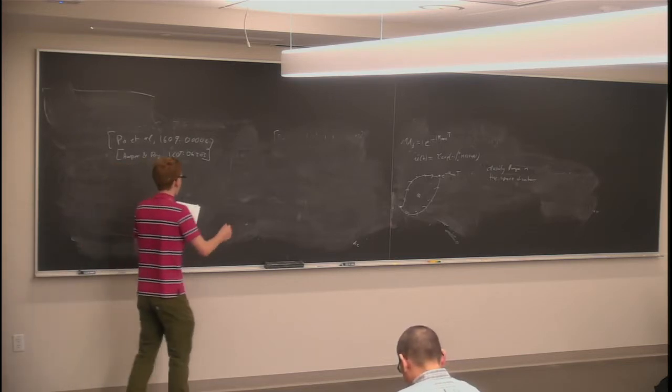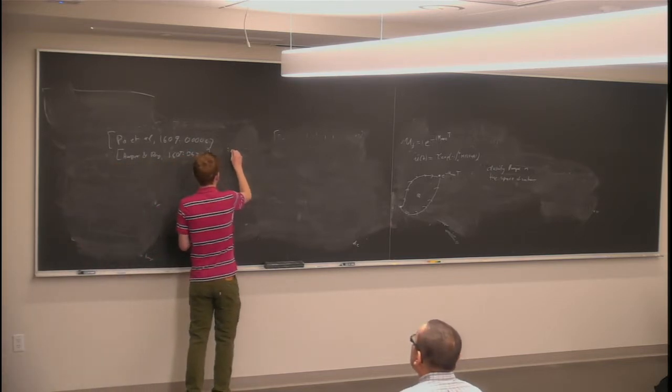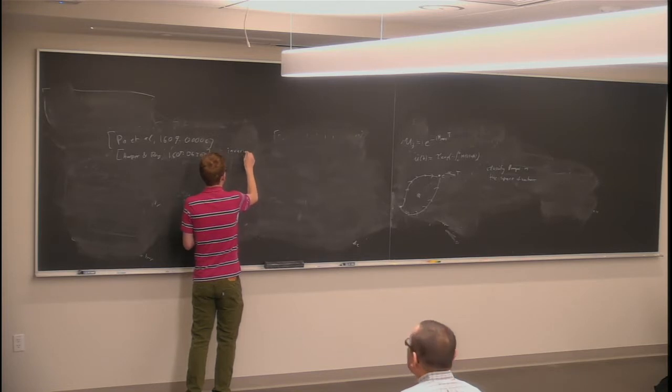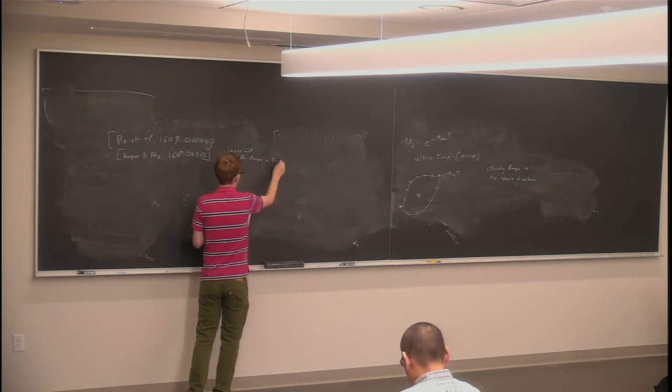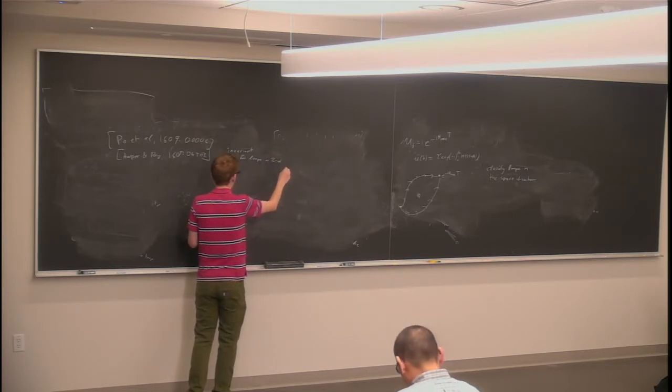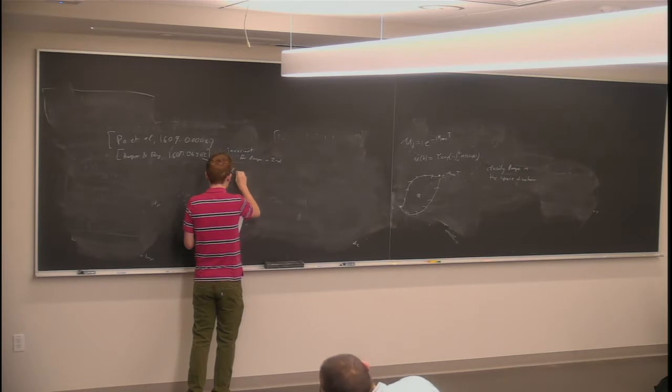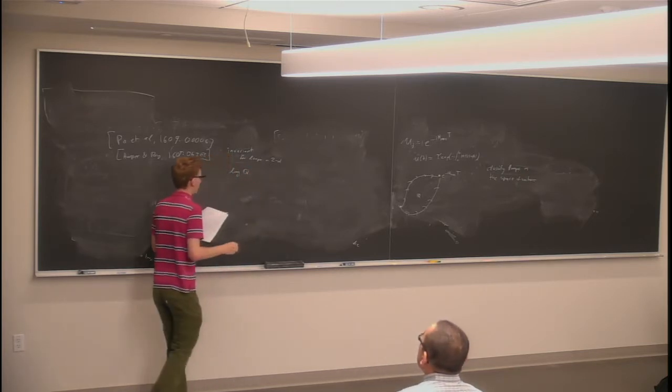So what they constructed is an invariant for loops in 2 spatial dimensions. The invariant actually lives in log of the rationals, and the classification is finite.